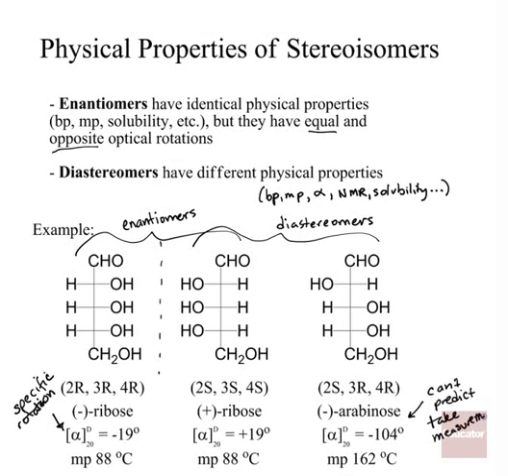We have to put it in a polarimeter and measure the optical rotation. There's no way to predict it. We can't say that if it's an R, it goes one way, or an S, it goes another way. The only way we can ever predict an optical rotation is if we know the optical rotation of one enantiomer, then we know the optical rotation of the other enantiomer. Otherwise, it's just something we have to measure.